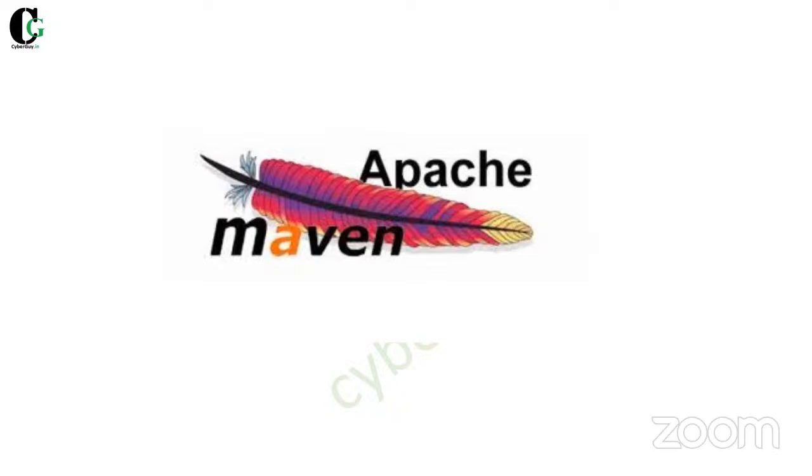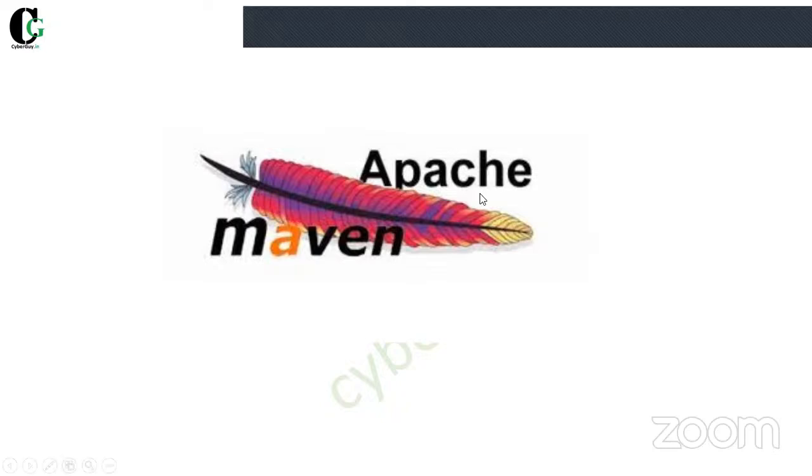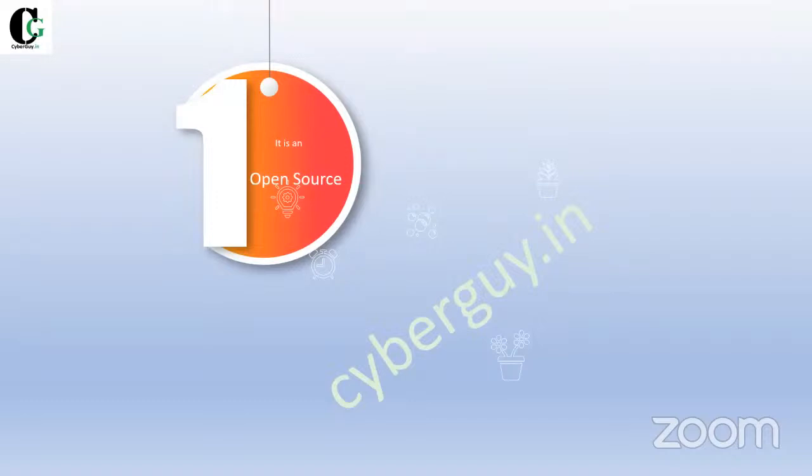What is Maven? We can easily say that Maven is a tool, and it is open source software. What is open source software? I am discussing this topic because a few people are not aware of what open source is.